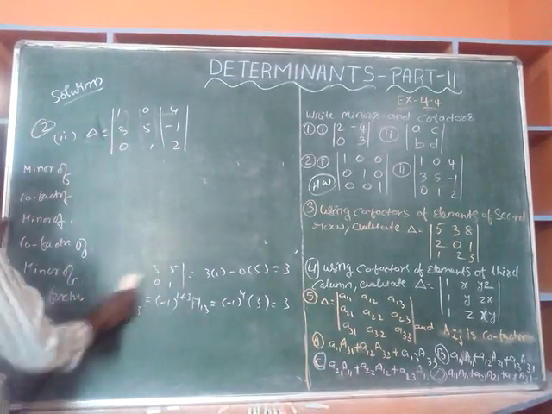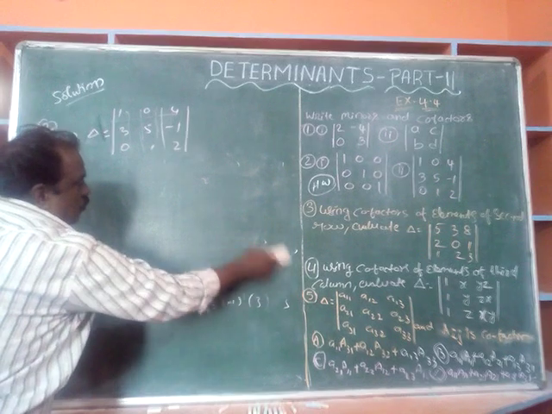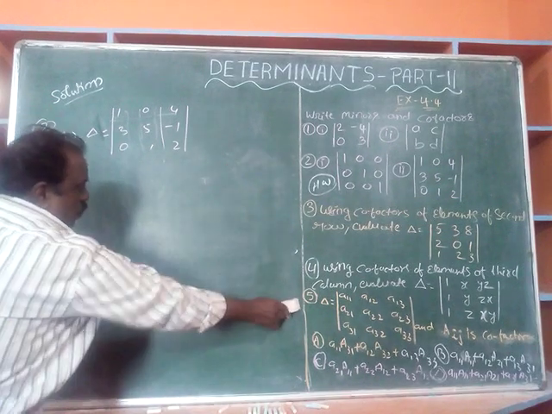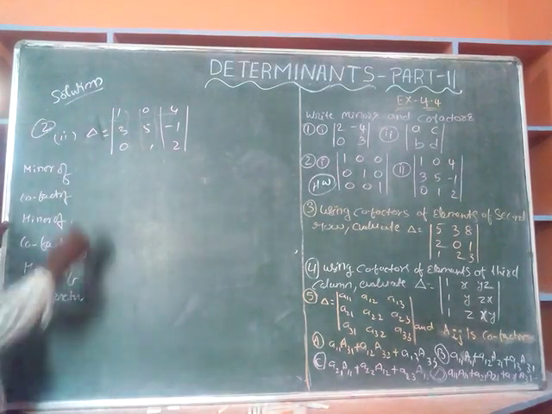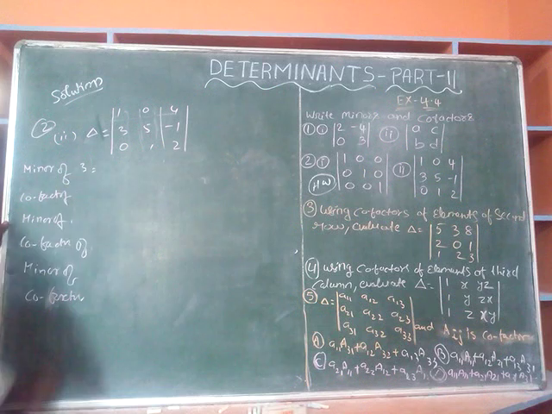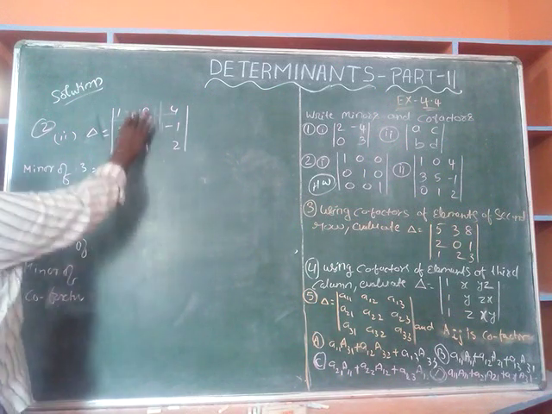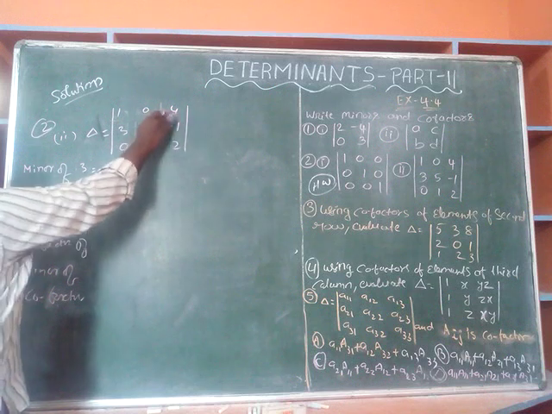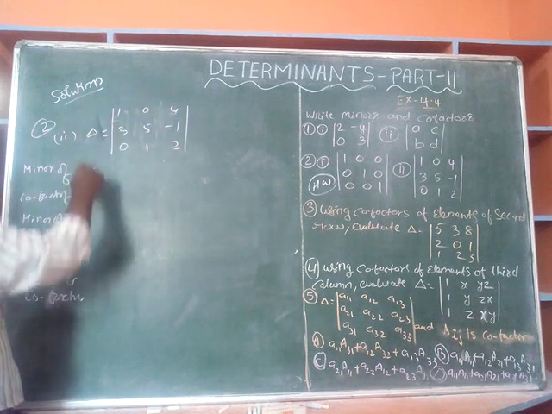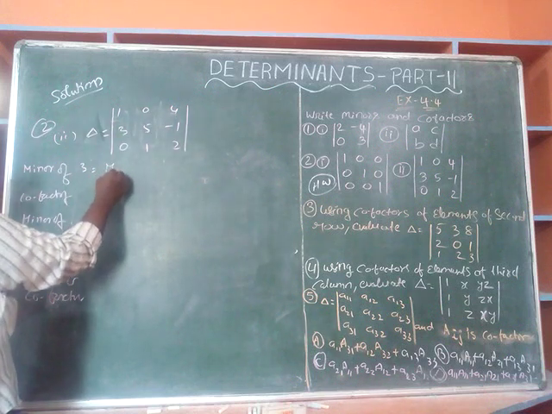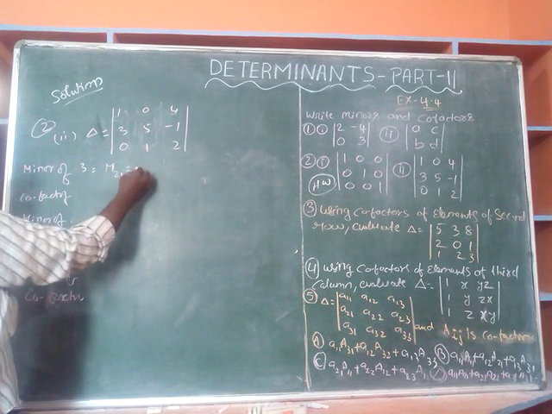Similarly, the cofactor of 3. The position of 3 is second row, first column. It is M21.